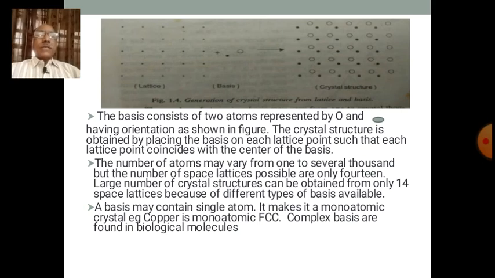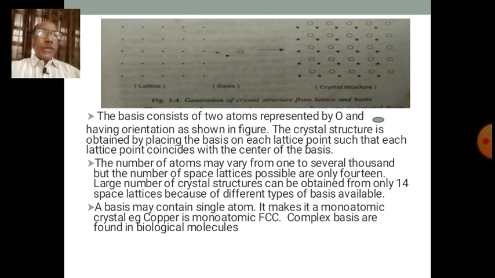The crystal structure is obtained by placing the basis on each lattice point. If you place this diatomic basis on each lattice point such that each lattice point coincides with the center of the basis, isn't it?